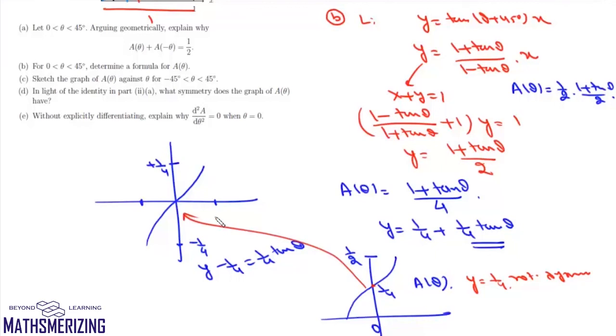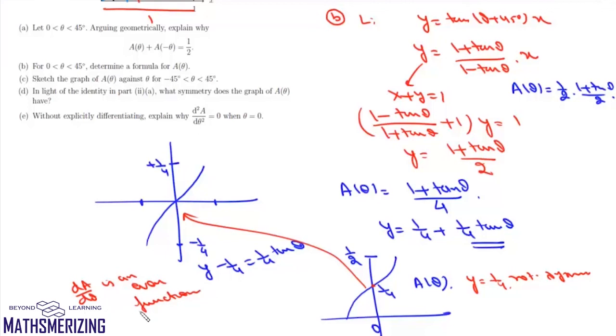Now we'll shift the graph back to the origin. We know that it is an odd function. And if it is an odd function, then dA upon d theta is an even function.